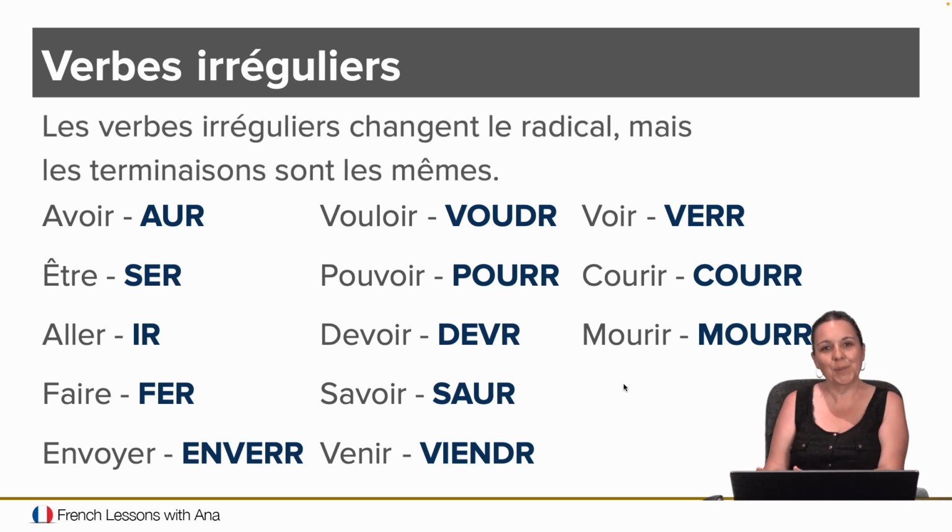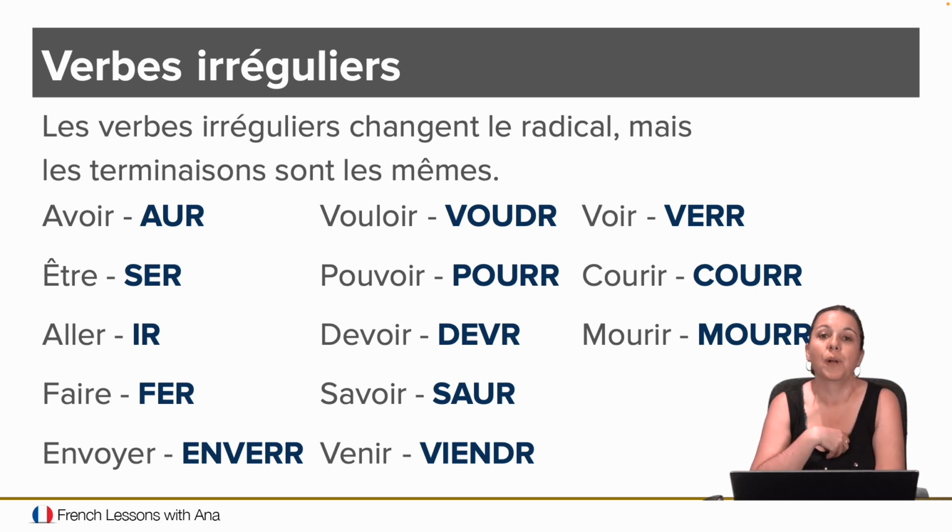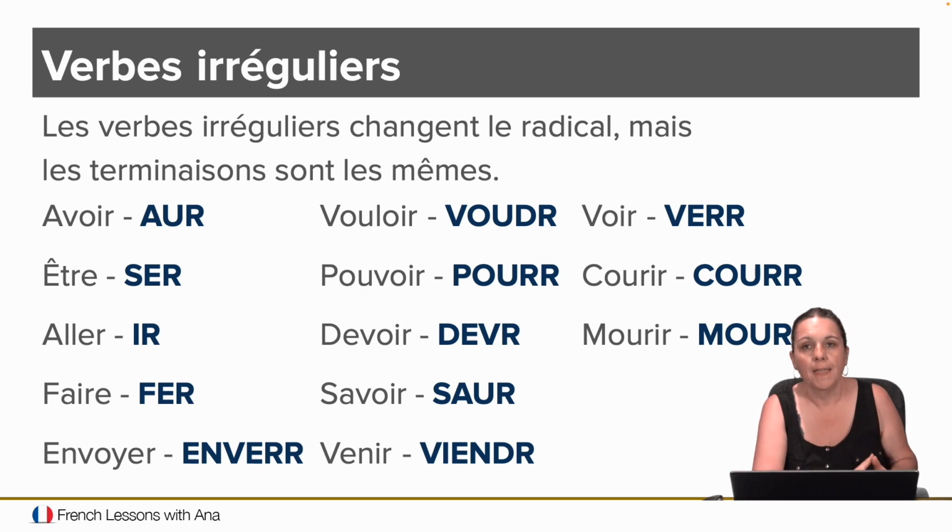Now, here comes the fun part. Les verbes irréguliers changent le radical, mais les terminaisons sont les mêmes. Okay, that means that irregular verbs will change the root, the radical, but the endings never change. We still have ais, ais, ait, ions, iez, and aient.